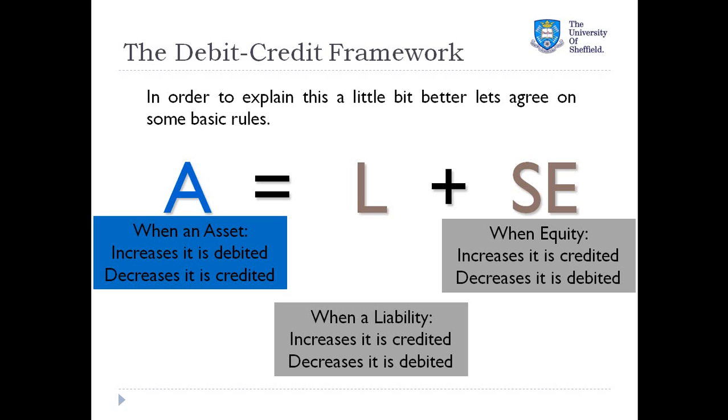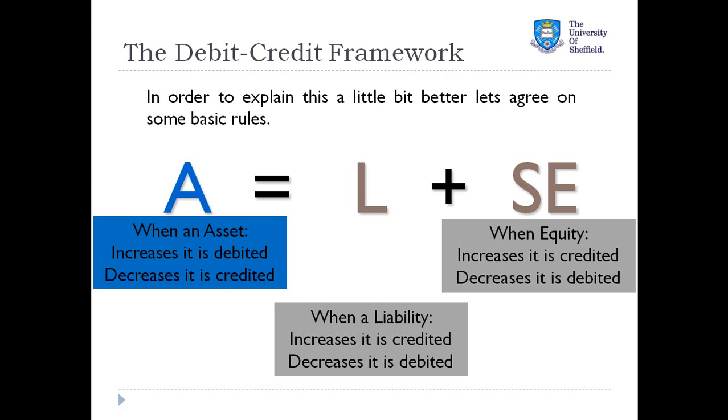An asset is debited when it increases, and it is credited when it decreases. This is something that we have to learn by heart. On the other hand, when a liability increases, it is credited, while when it decreases, it is debited. So we have the exact opposite.